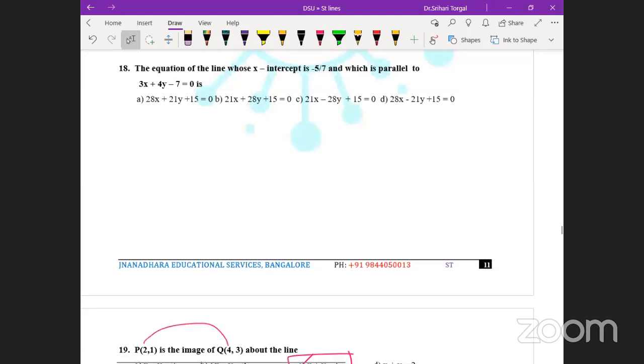Answer question number 18. Yes, parallel means slopes are equal, correct.